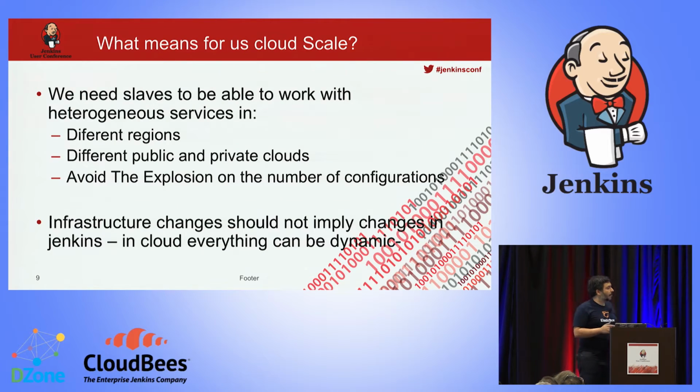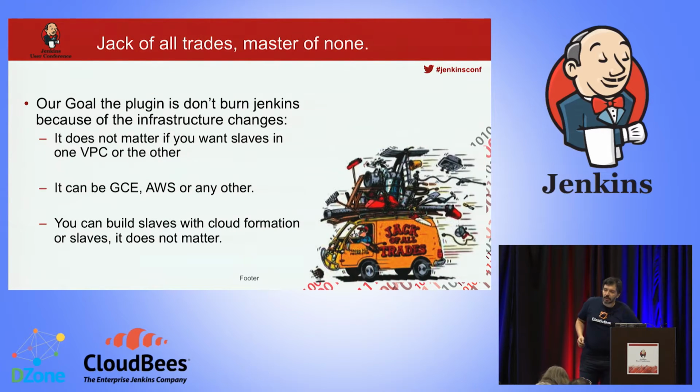Our goal was also to avoid changes in Jenkins. If I want to change my infrastructure, Jenkins should ideally not be modified. Our main goal is to let Jenkins do what it does best, and let Elasticbox deal with the complexity of the different clouds and environments.